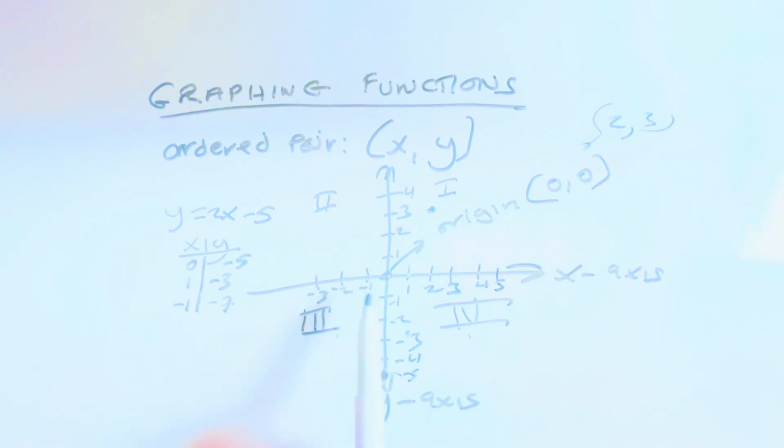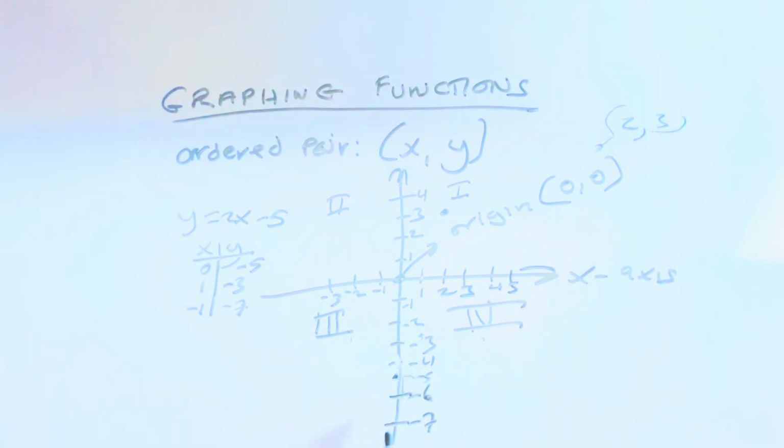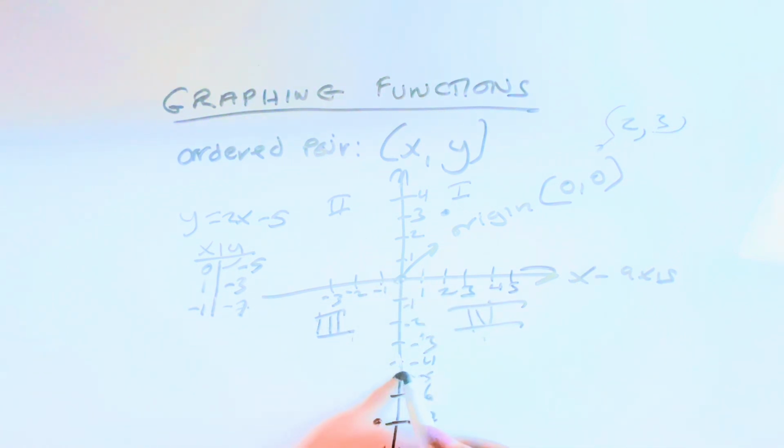Since our y value is negative 7, it's going to be somewhere at the bottom. Negative 7 will be right there. We have 0, negative 5. We have 1, negative 3. And then negative 1, negative 7. So this will be a straight line.